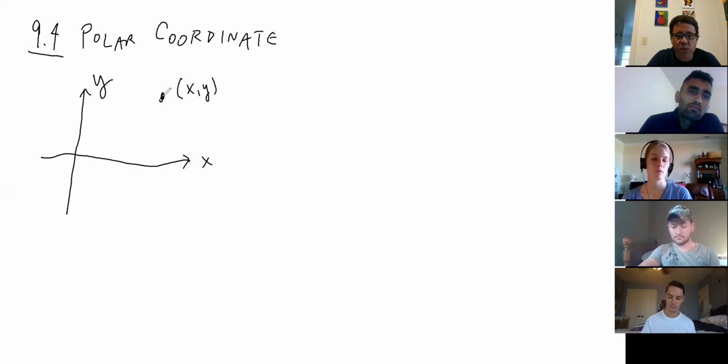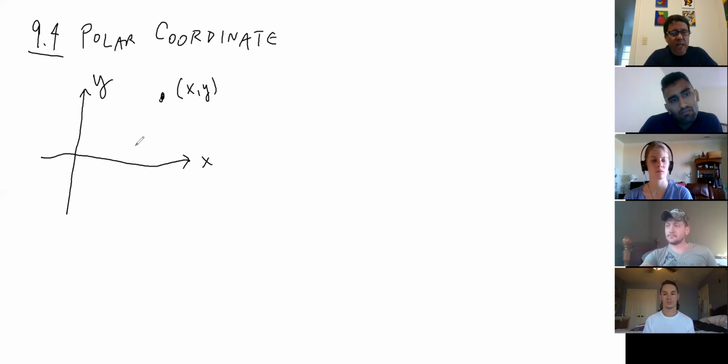So if I want to get to this point, and I'm here, well, I could go over and I could go up. Maybe if I'm driving in a city in a car, they call this the taxi cab metric, where you have to follow the road. So you go from here, you go over, and you go up. But if you're standing out in the middle of a field, I don't think that's probably the way you're going to go. You're like, well, I want to go from here and I want to go there. So that's exactly what I'm going to do, I'm just going to go straight to it.